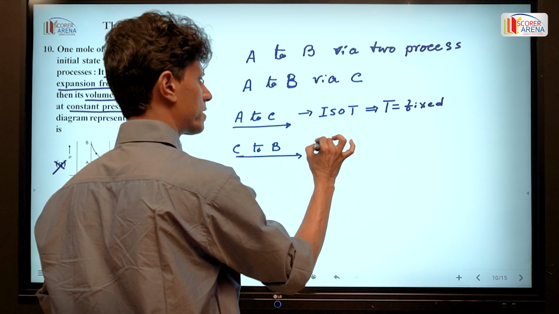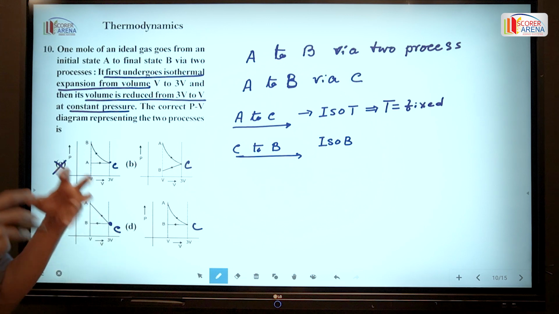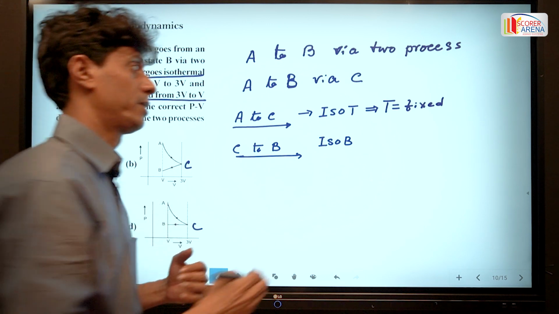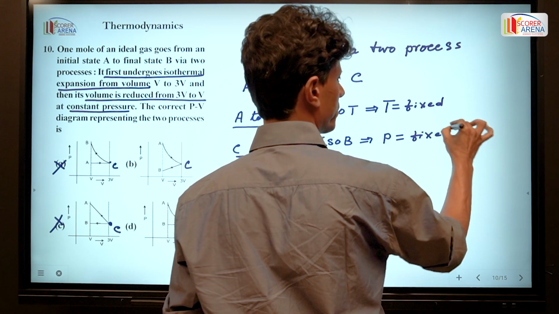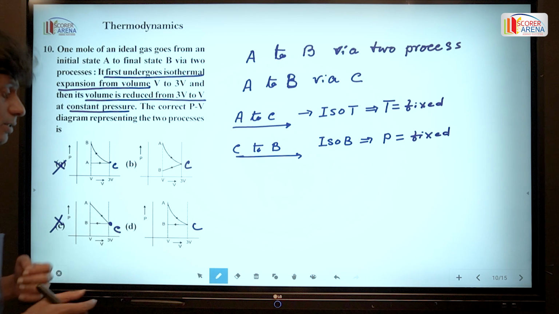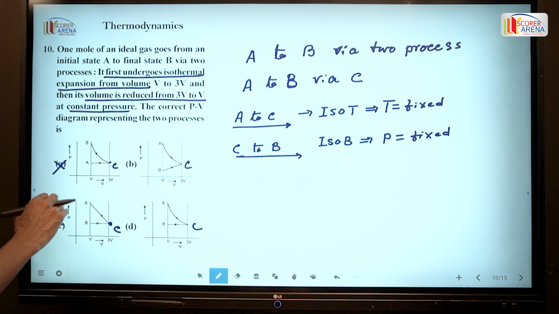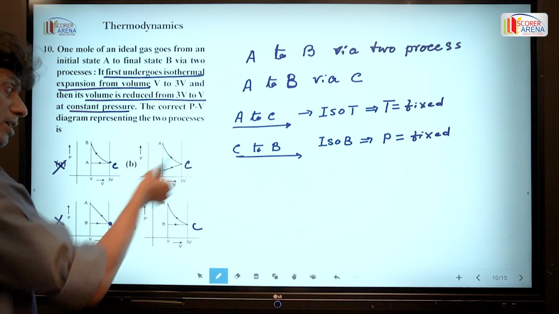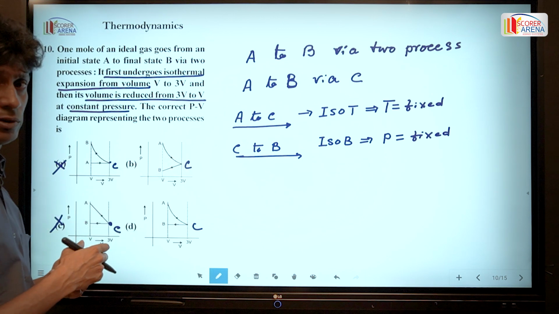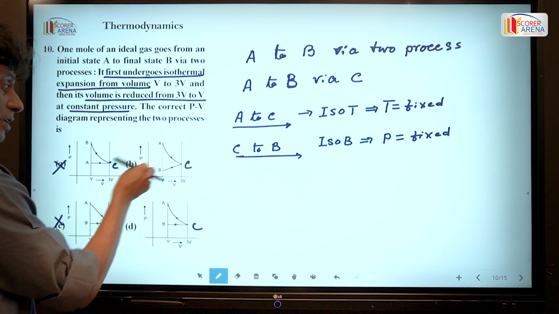The process is isobaric, so the pressure of the gas is fixed. So in the PV graph, the line should be parallel to the volume axis, and pressure will remain fixed at any point on this line. Here in option B, C to B is a linear change between pressure and volume, so pressure is not constant; it goes on decreasing.